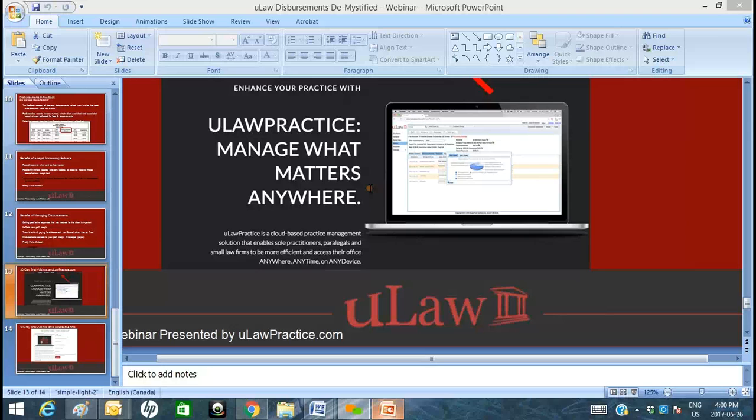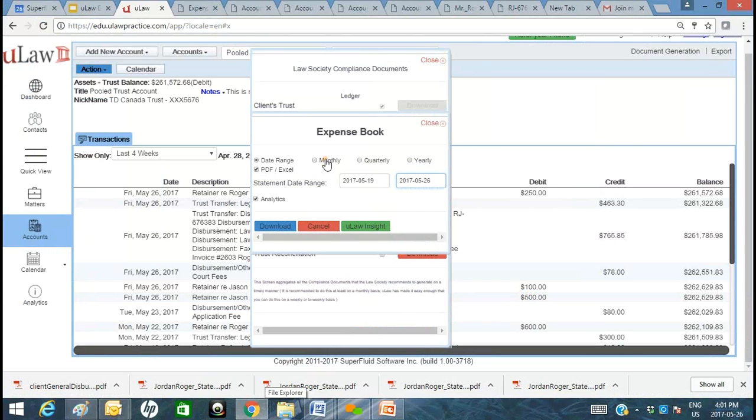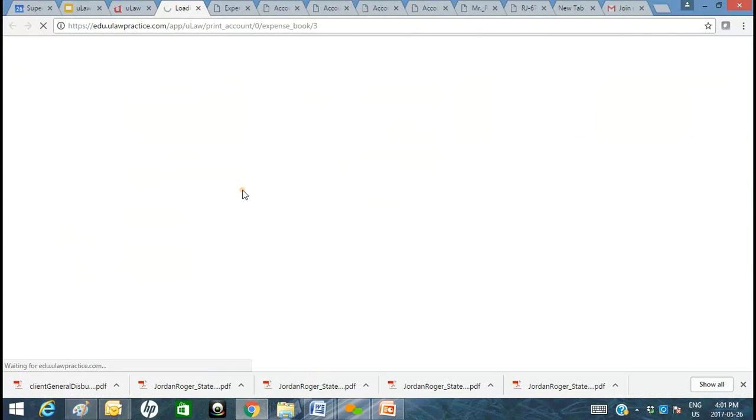Okay, here's our first question. How do I manage my expenses? Okay, I believe the question, sorry, can you please explain what you mean by expenses? If it's the expense book, if that's what you're asking about. You have the expense book right here. Hopefully this answers this question.